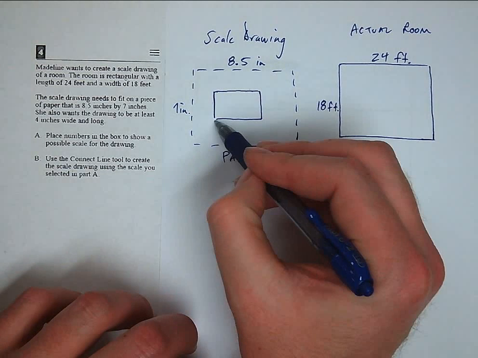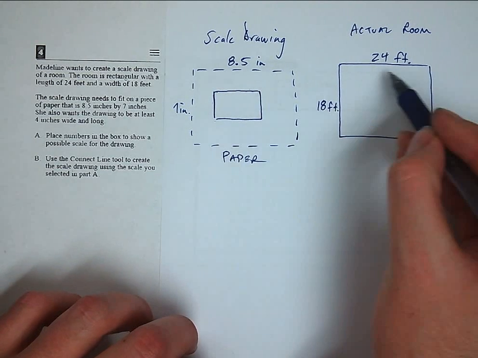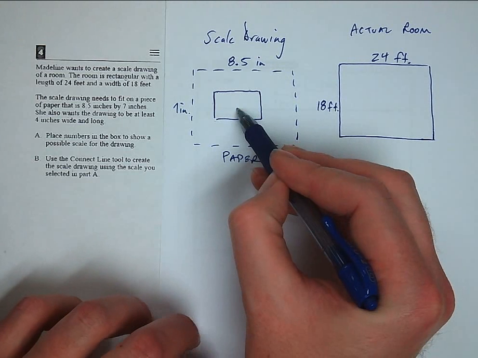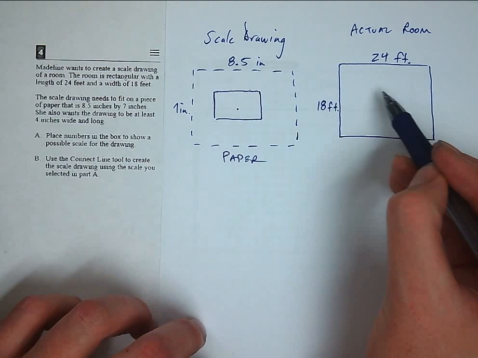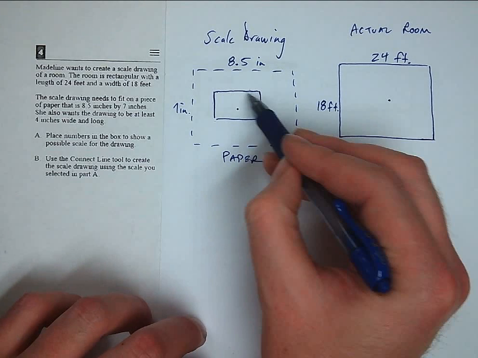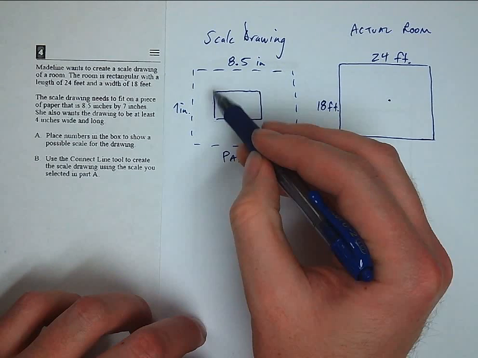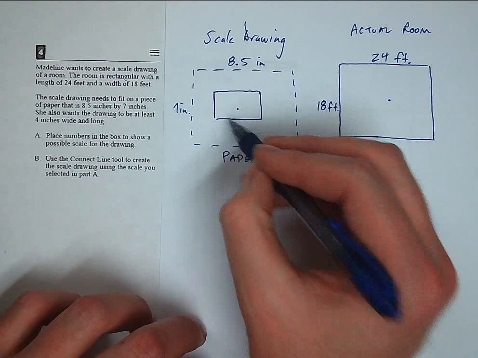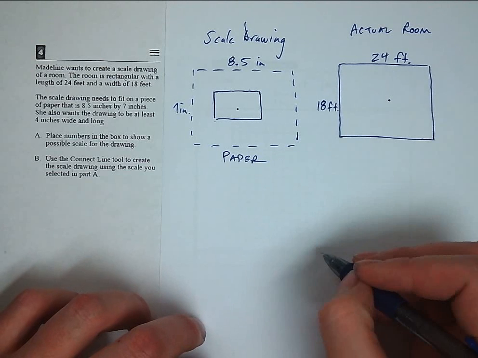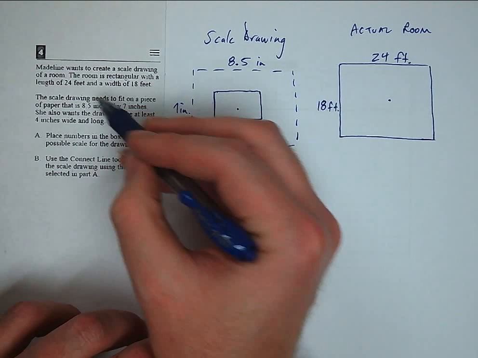Anytime you're dealing with a scale drawing of something larger, we know that this figure is going to be the exact same shape as this larger room. It's just going to be smaller, right? It's still a rectangle, still have the same angles, just going to be a smaller representation of the larger image. Okay, so we have 24 feet represents the length.